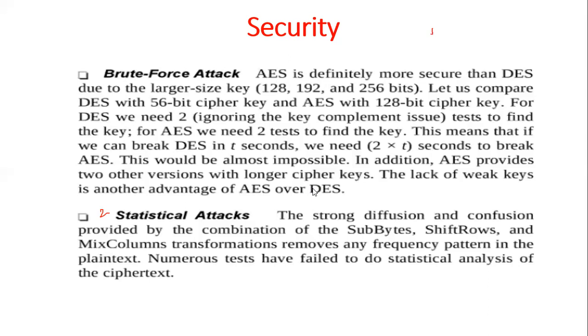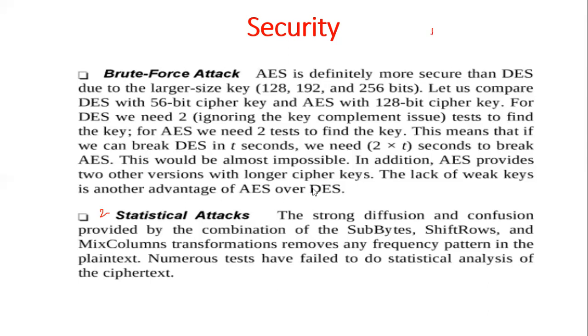Another one is the statistical attack. There is strong diffusion and confusion provided by the combination of SubBytes, shift rows, and mix column. SubBytes creates the confusion. Shift rows creates the diffusion because shift rows performs permutation. Mix column also performs permutation.